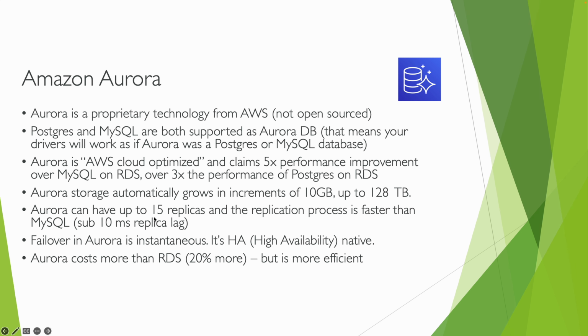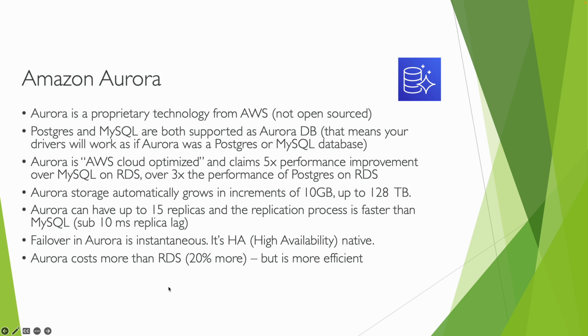Okay, Aurora can have up to 15 replicas and the replication process is faster than MySQL. The database which we created now is a MySQL database, right? When you use Aurora instead, you can create 15 read replicas and the replication process is fast compared to MySQL. Failover in Aurora is instantaneous, and it's highly available. Aurora comes with high availability by default.